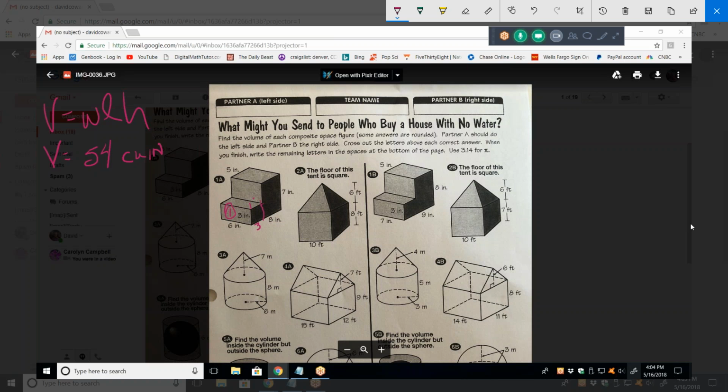Now, how about this block here, number 2? What are its 3 dimensions? 7, 5, and... Wait a second. All right, what's this dimension? Which one? This one right here?